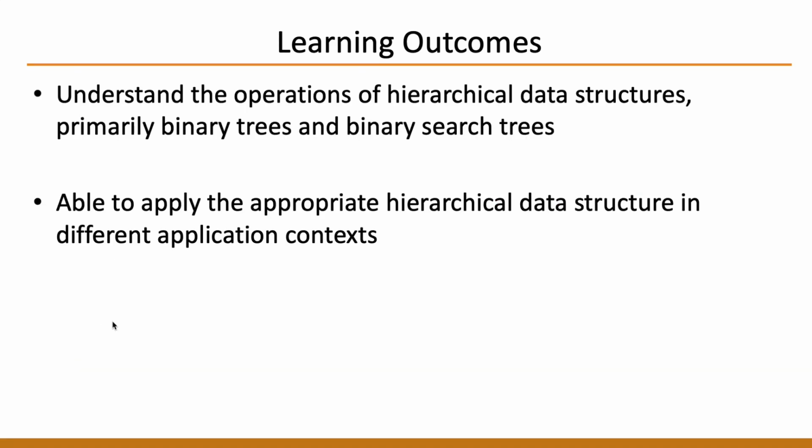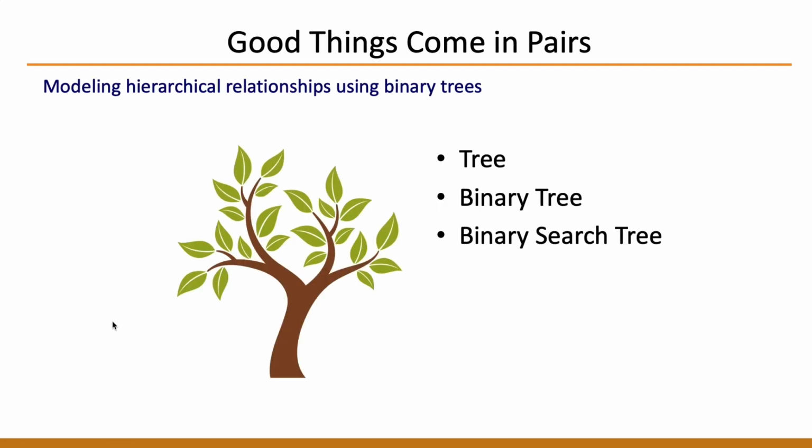So the objective for today is to first introduce binary tree and binary search tree. How do we use them in general? And then we can demonstrate the classical use cases of how these two different data types are of critical importance to various different kinds of applications.